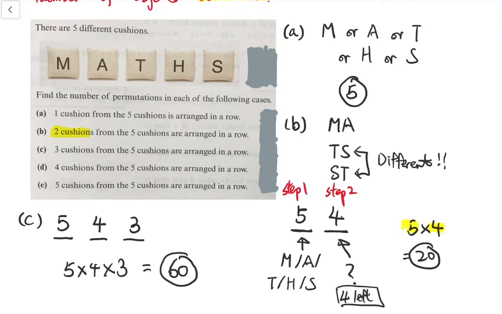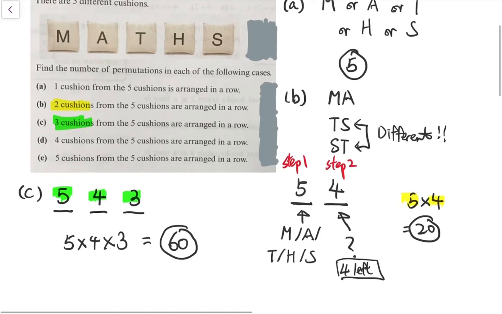And for the third case, you get 3 letters, then you get 3 numbers. Now you may use 5 to 10 seconds to try to do parts D and E. Okay, let's do it together.